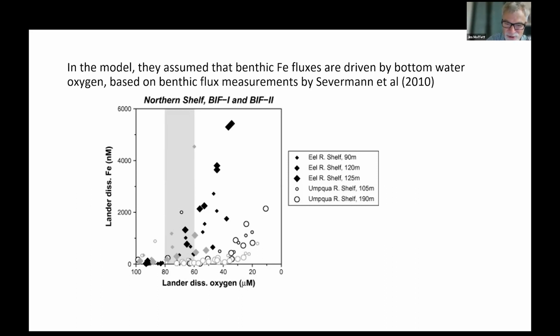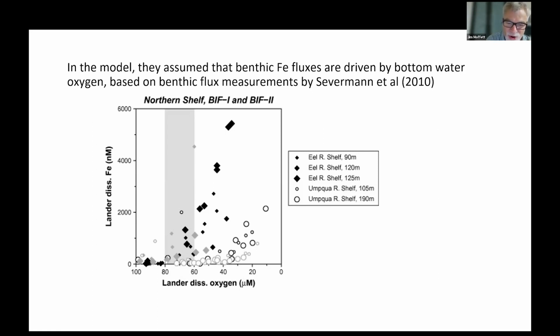Reduced iron, iron 2, which can only accumulate when oxygen is low, is much less particle reactive than iron 3. So reducing conditions provide an escape mechanism, if you will, for iron to get off the seafloor so that it can be advected away.